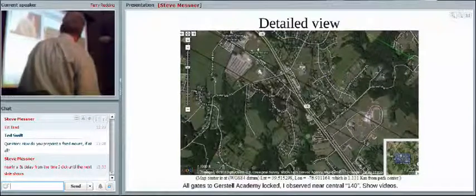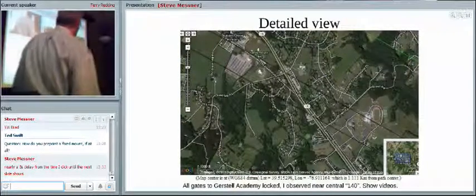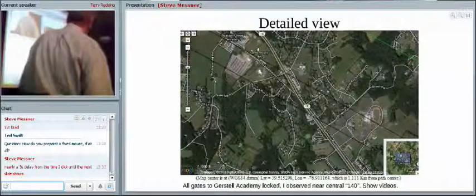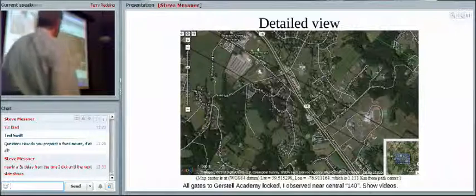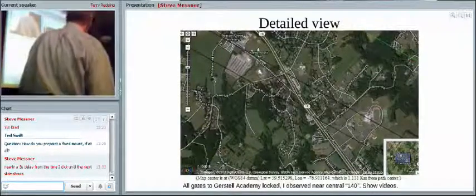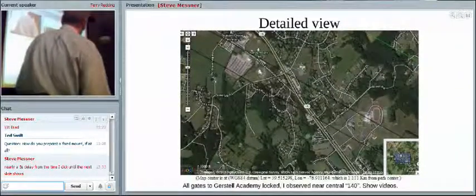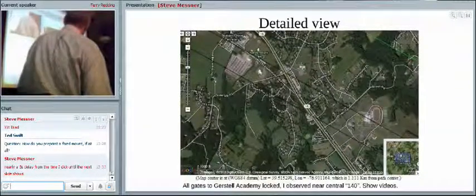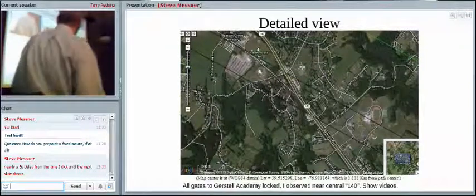And this shows between the 2 gray lines is where I thought the path would be, and I wanted to observe in the lower right corner, where there's this big open area with the Gestel Academy. But when I got there, I found there were gates, so this whole area was locked, so I couldn't get in there to get into an ideal spot. So instead, I observed right in the center of this figure, right above the 140 that's in the center there.